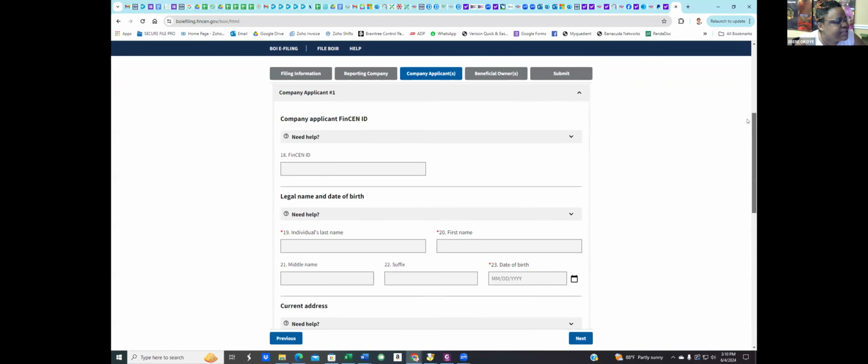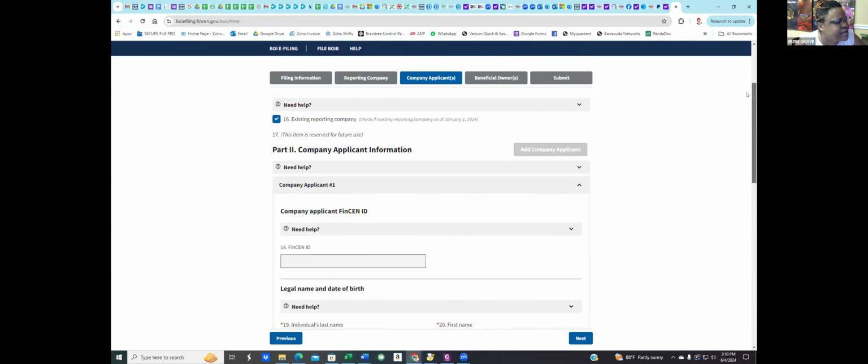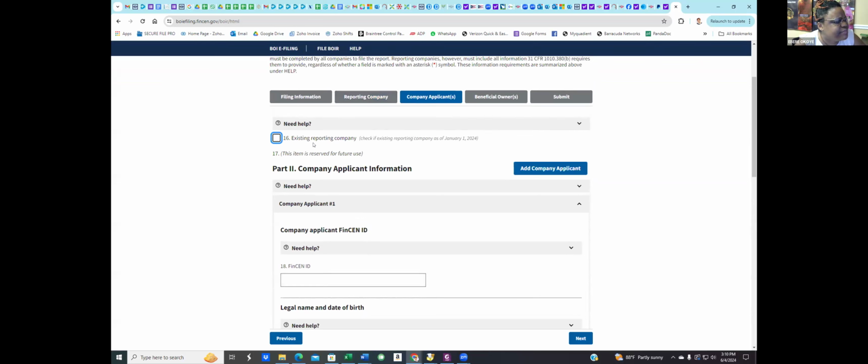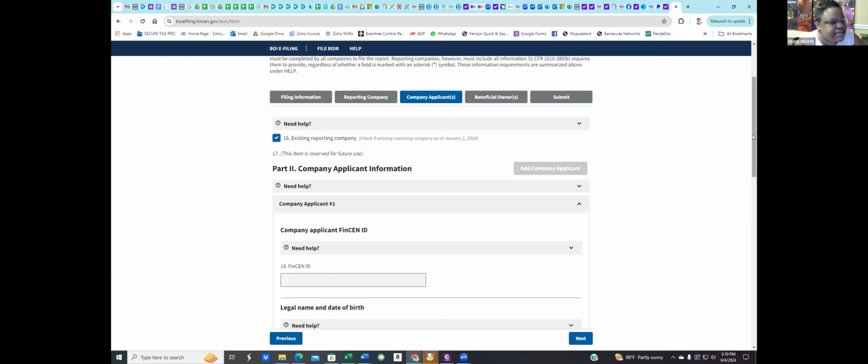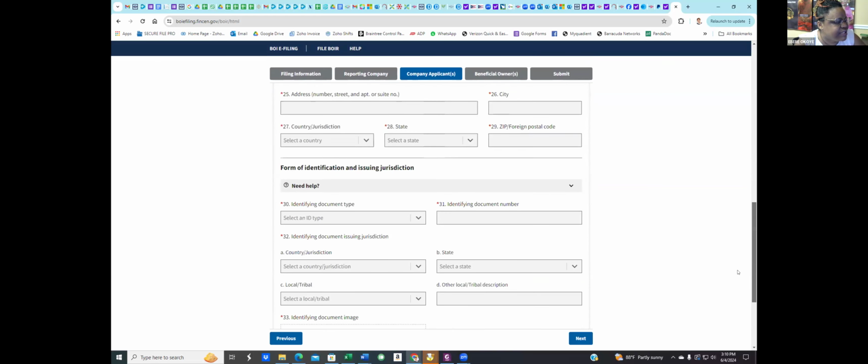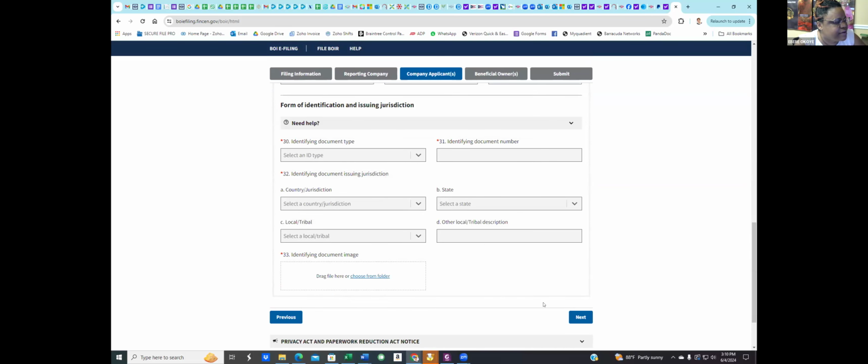When I said existing company, it grayed it out. It says check if existing reporting company as of January 1. So I checked that and it says when existing reporting company is indicated, all company applicant fields will be disabled, do you wish to continue? So of course I said yes. It sounds like I don't need to do anything else here.